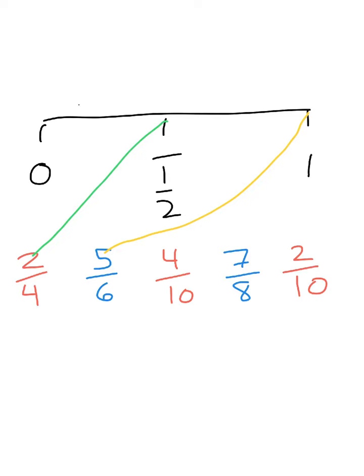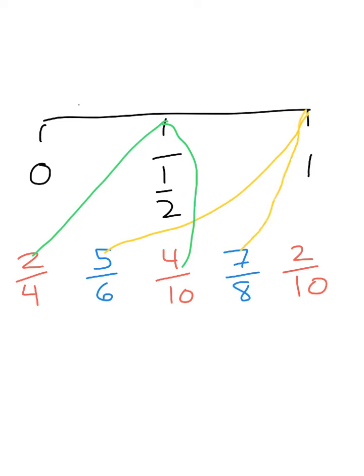Looking at 4/10. What's half of 10? 5. Since 5 is half of 10 and 4 is just 1 less, this one is going to be closest to a half. 7/8. If I have 7/8, I know 8/8 is a whole. Therefore, 7/8 is going to be closer to a whole.